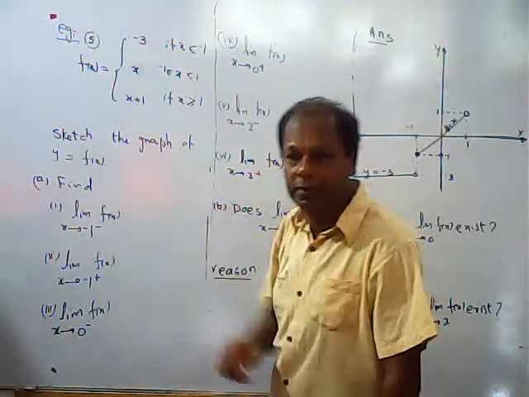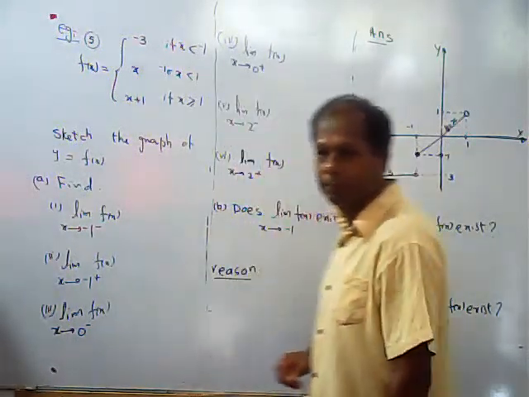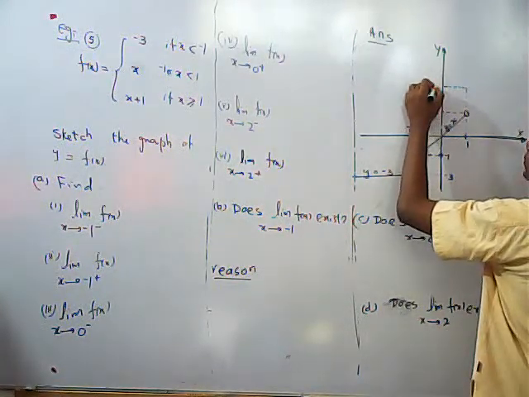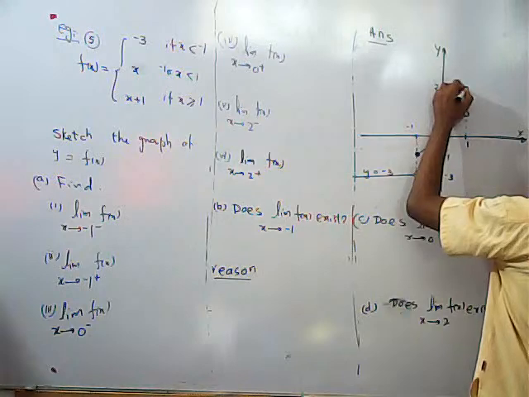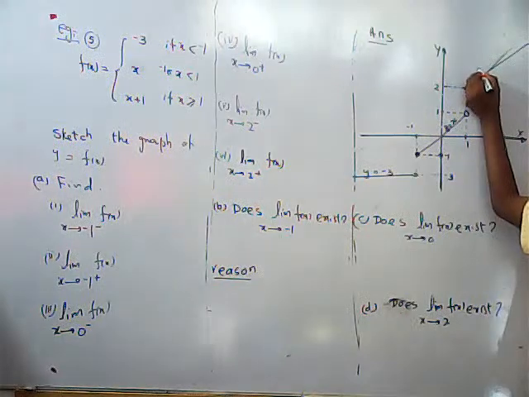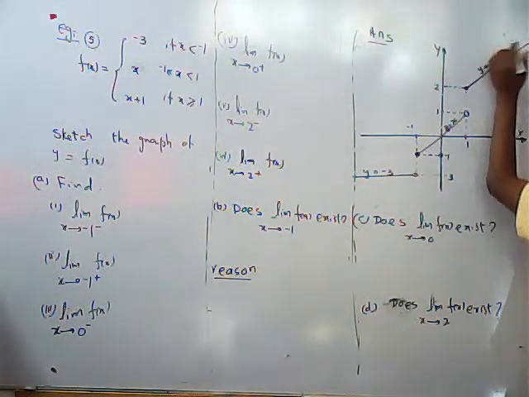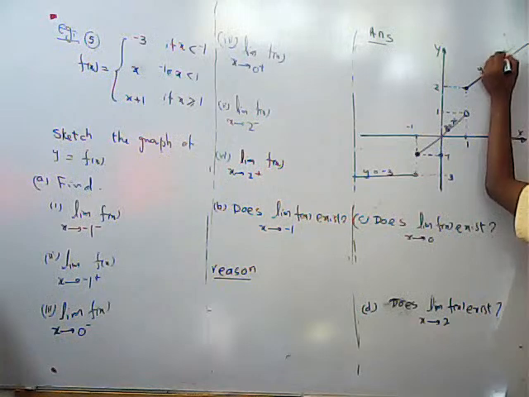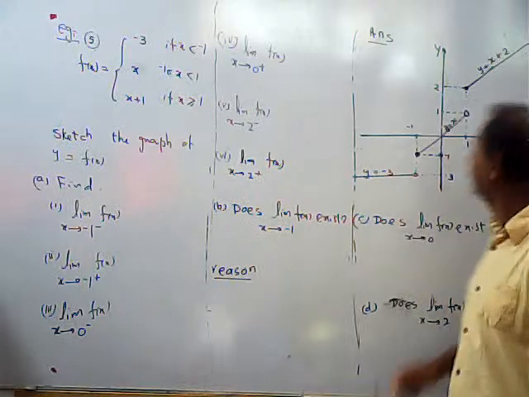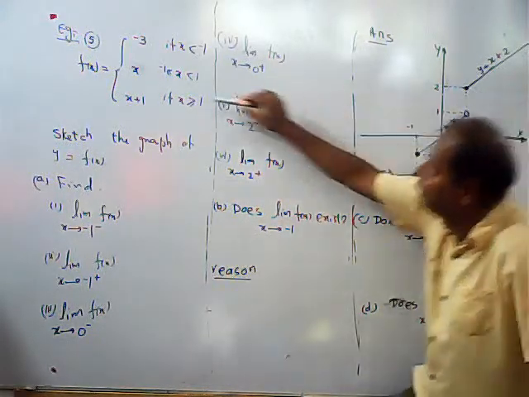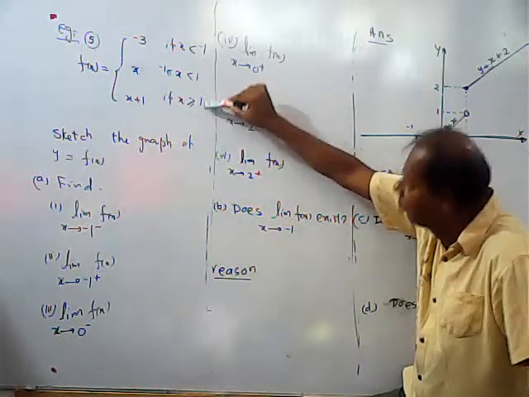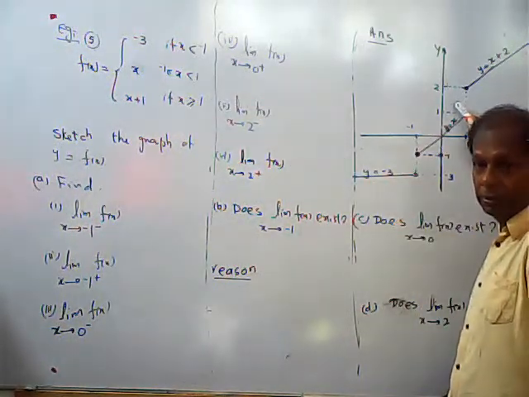Here the condition is x greater than or equal to 1, equal is there, therefore the endpoint is included, so you have to color it.